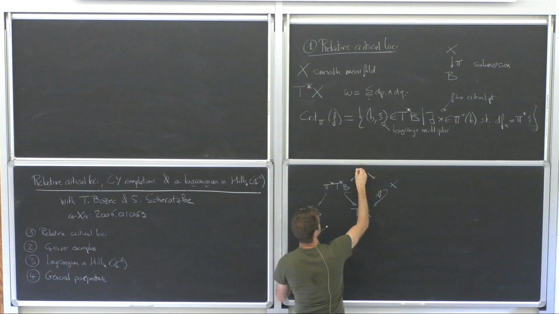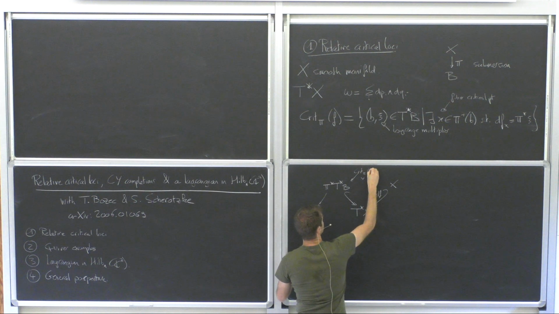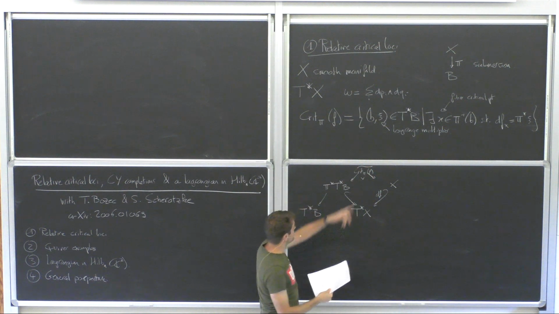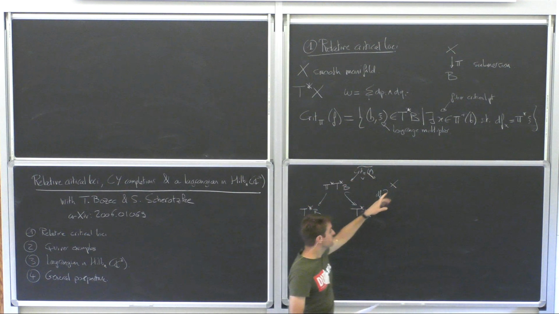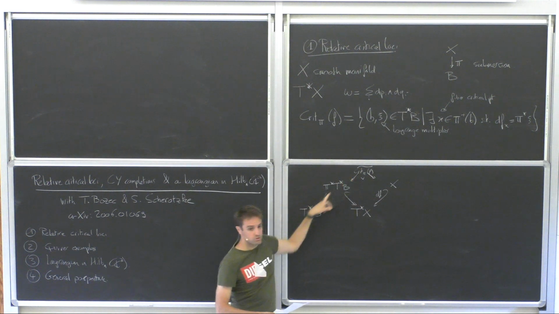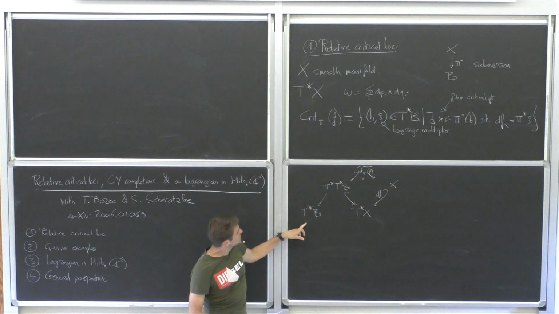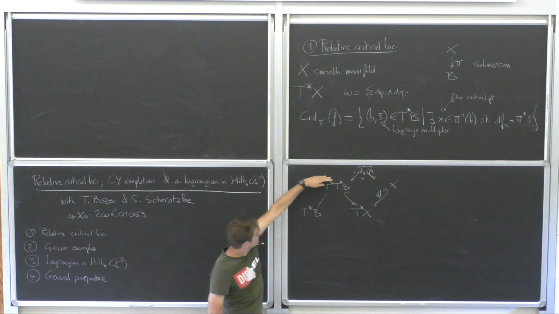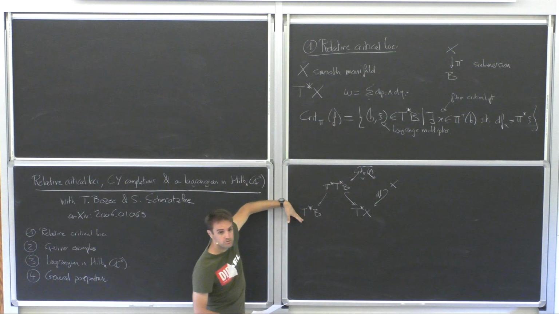Let me call this crit pi f with a tilde, because that map may not be an inclusion. So the relative critical locus is actually the image of that inside T star B.